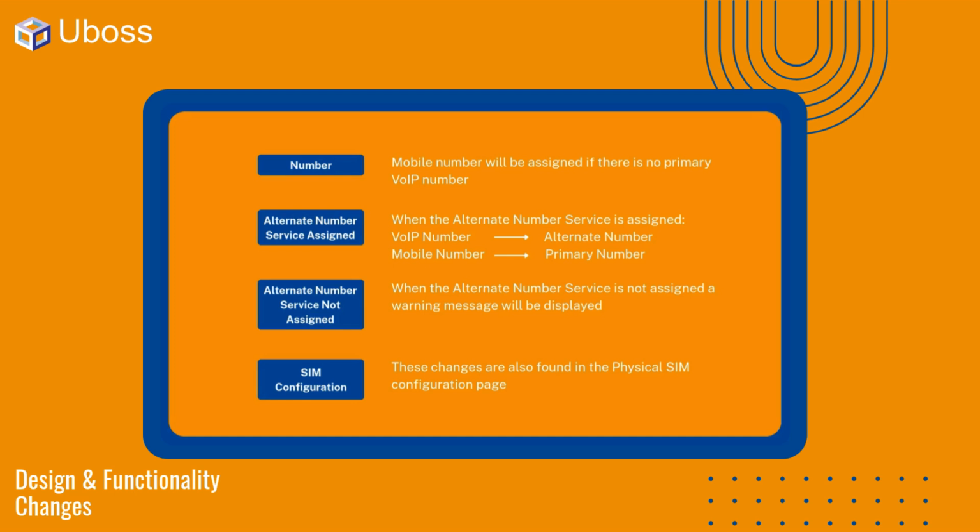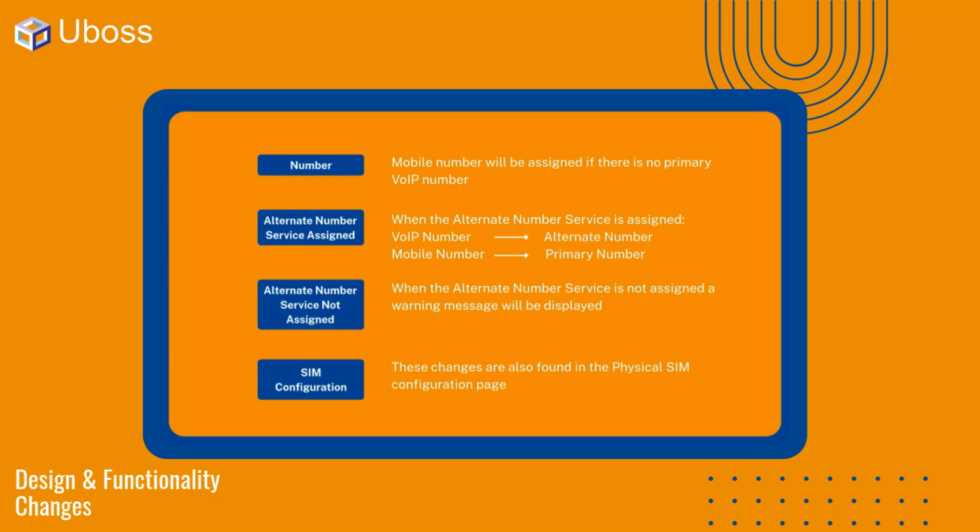If they have the alternate number service assigned, a message will show the current VoIP number will be reassigned to the user via the alternate number service. It will then assign the existing VoIP number as an alternative number, and then it will assign the mobile number as the new VoIP number. If the outbound presentation number is not set, it will update it to the original VoIP number.